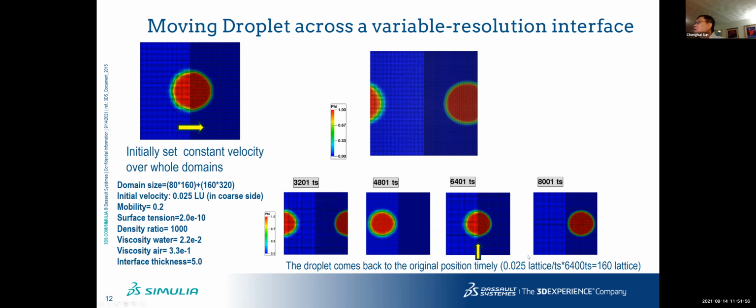That corresponds exactly to the preset flow velocity, so this confirms that the Galilean invariance is satisfied.